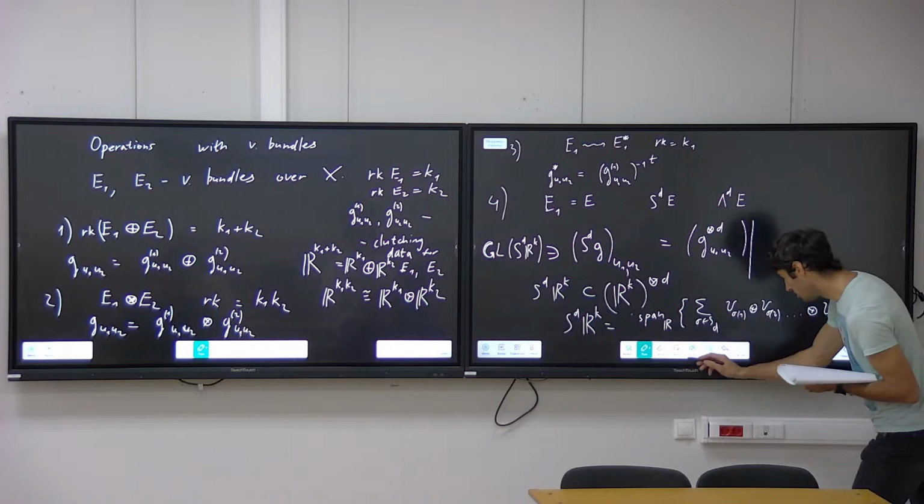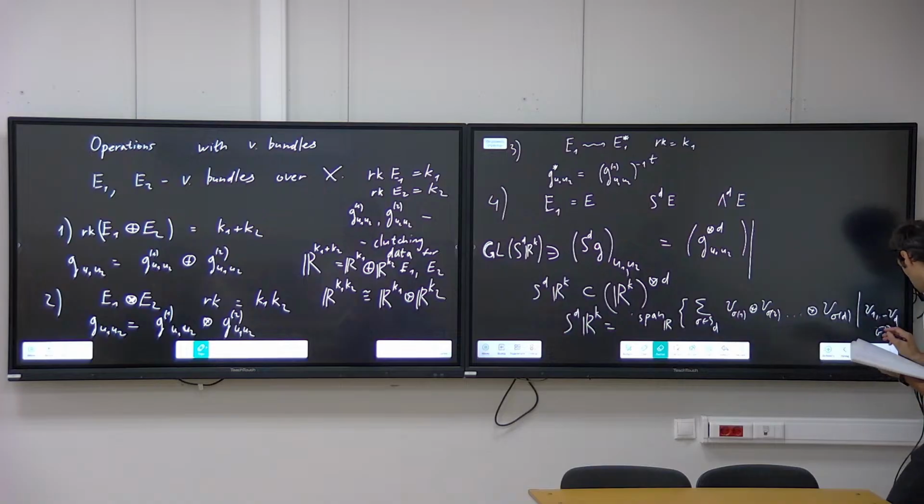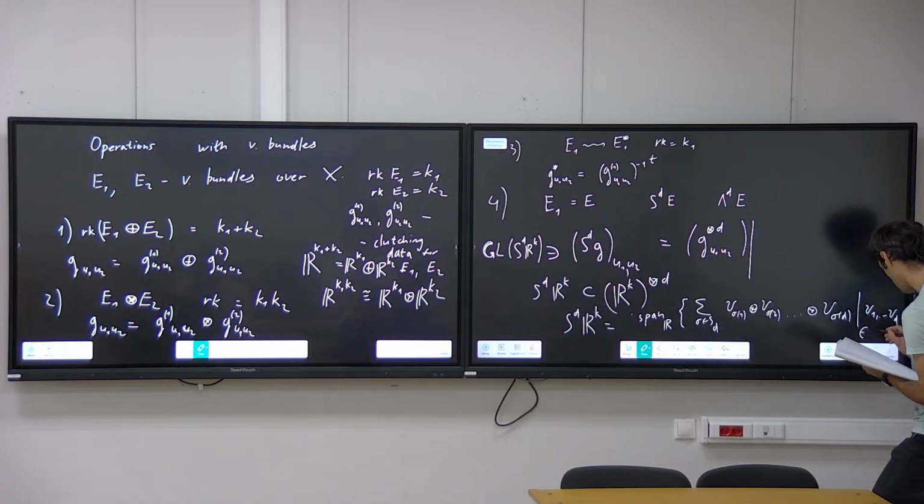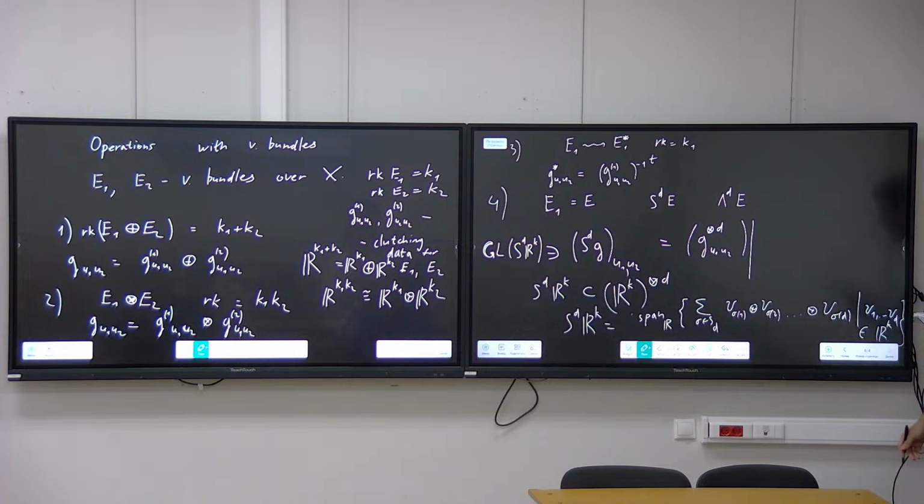So I take a bunch of vectors, tensor multiply them, and then symmetrize, and consider all linear combinations of this stuff.